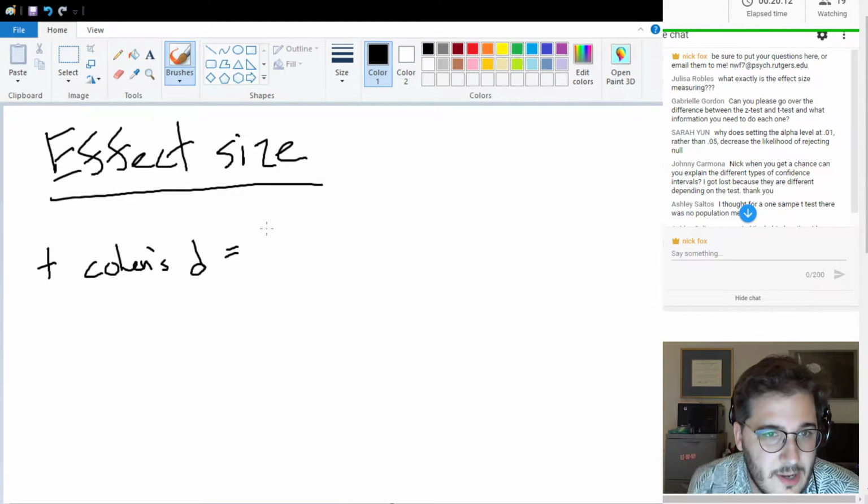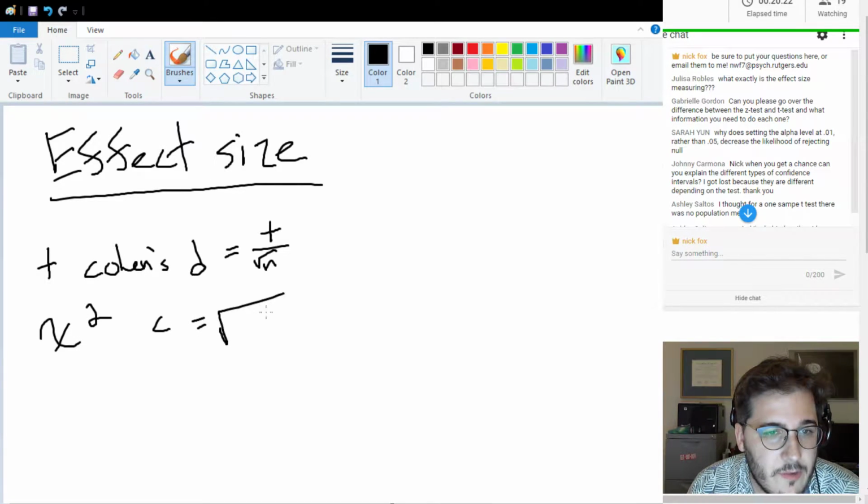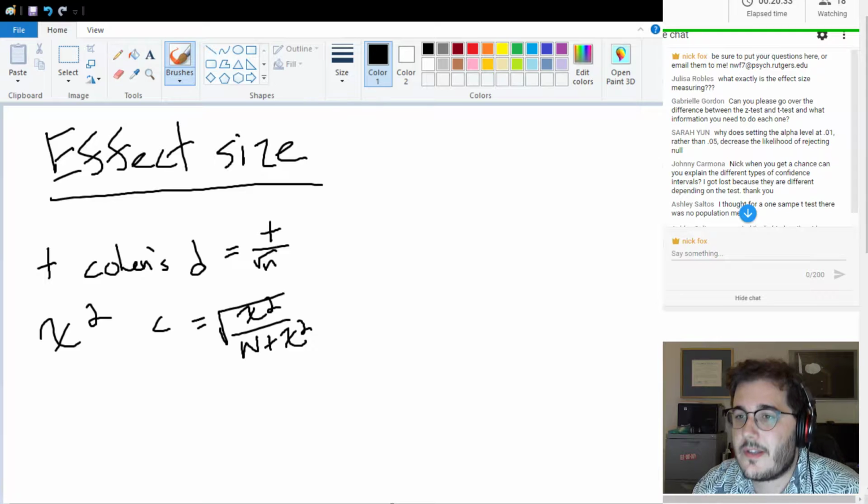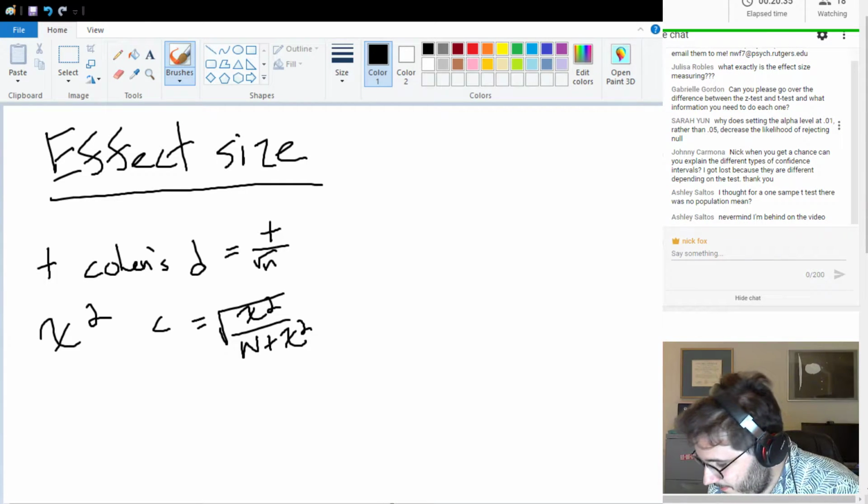I think it's t over square root of n. I'll confirm this in a sec. And then for chi-square, we have C, which equals the square root of chi-square divided by big N, so the grand total, plus chi-square. Let me just confirm that that's true.